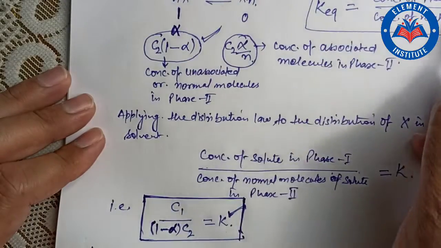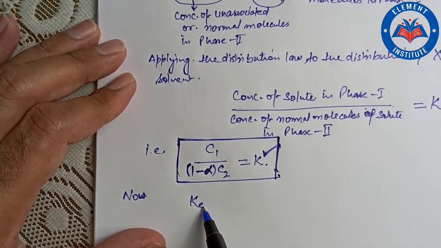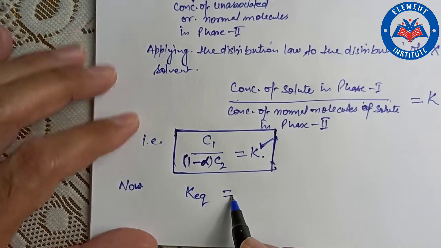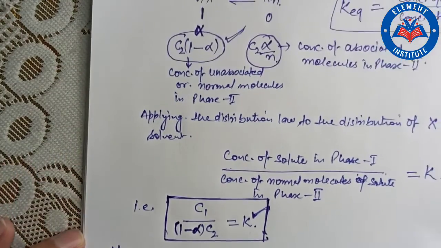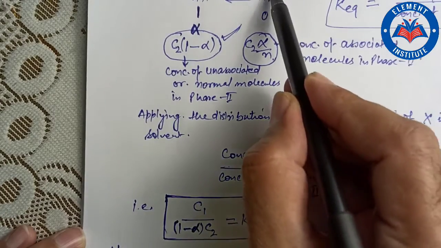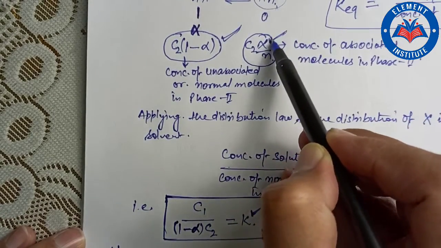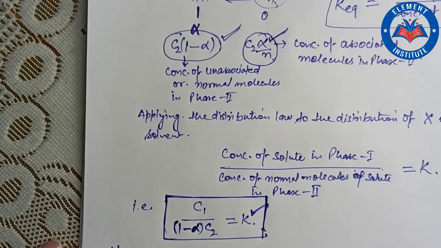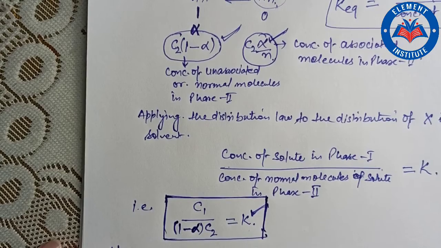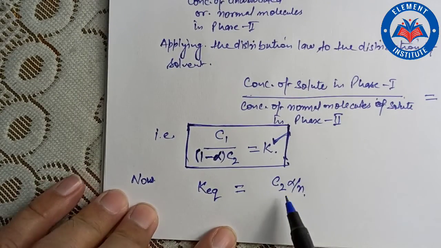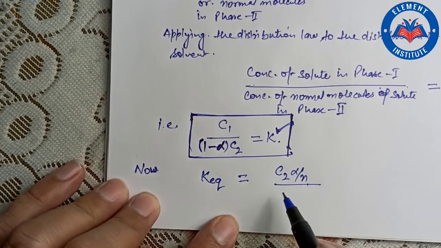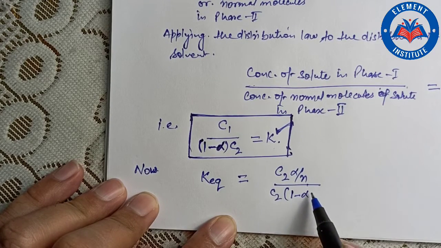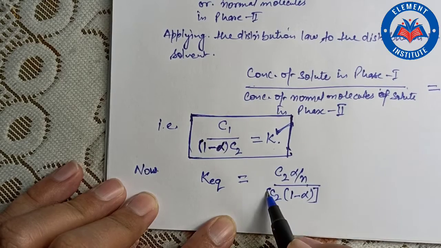Now using this relation, what will be the equilibrium constant? The concentration of product is the concentration of the associated molecules, so we can write C2 alpha by N upon C2 (1 minus alpha) raised to power N.